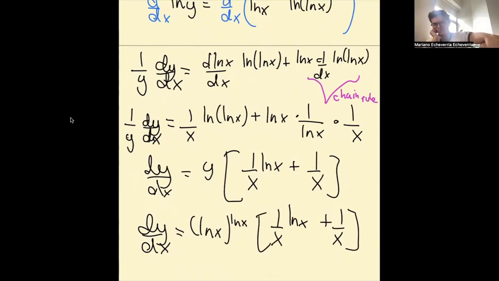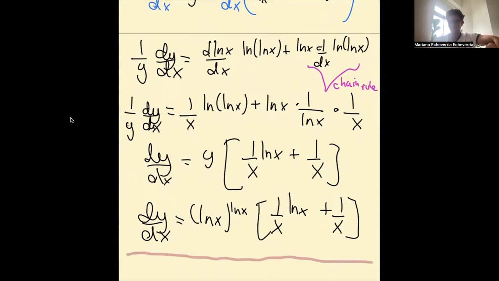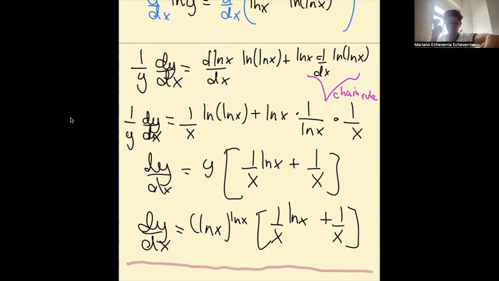Is that making sense? Any questions about this one?